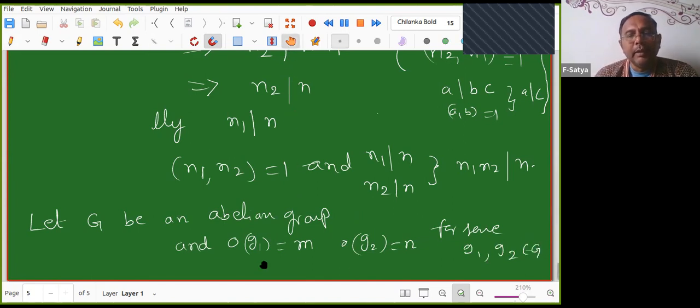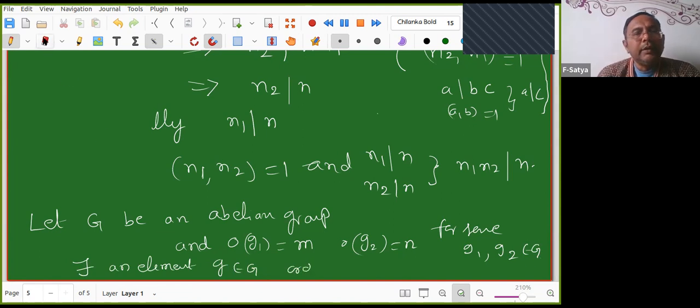Then what I want to claim? There exists an element G belonging to the group such that the order of G is equal to LCM of M and N. Is it okay? So I take the LCM of M and N, then there exists an element whose order equals this.